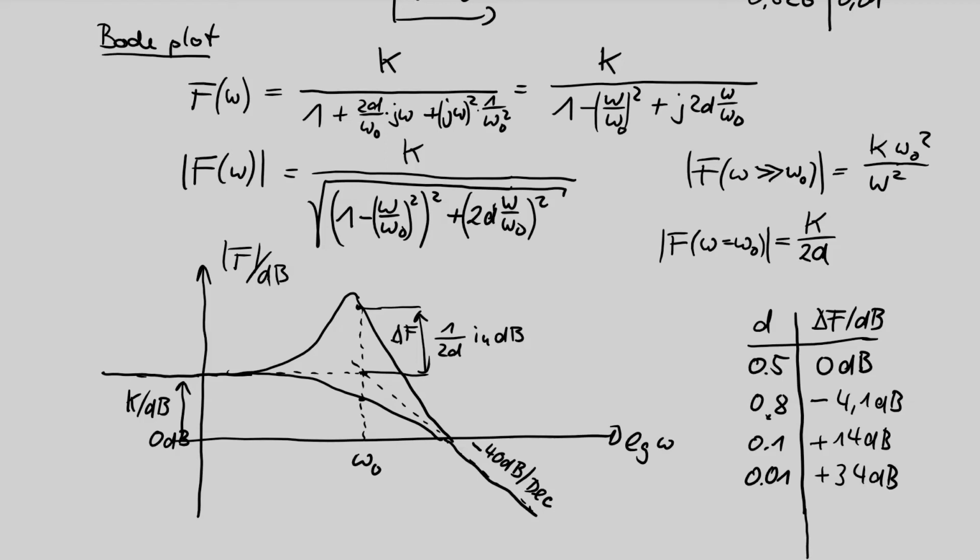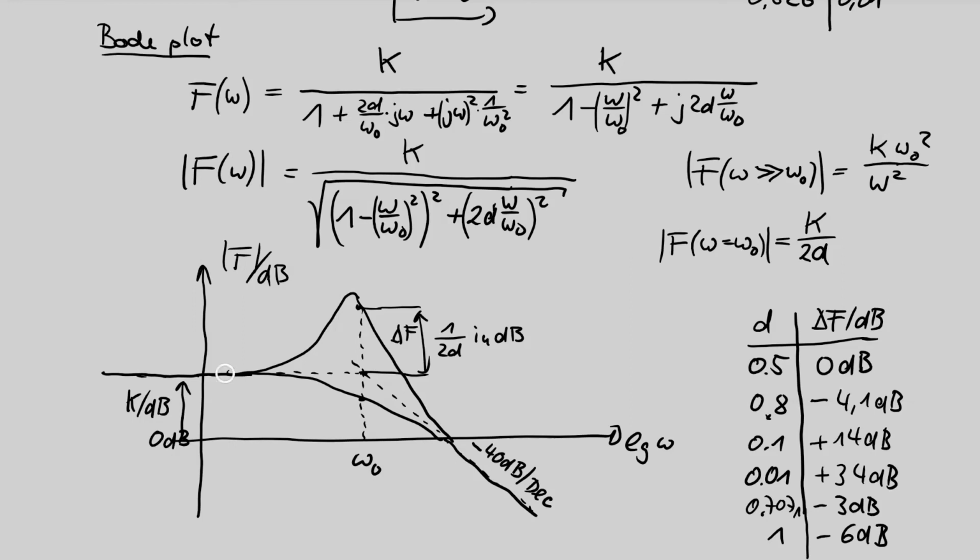If the damping factor is 0.7071, we get exactly minus 3 dB. If the damping factor is 1, we get exactly minus 6 dB. So what we can find out is: damping large, the curve goes down quickly.